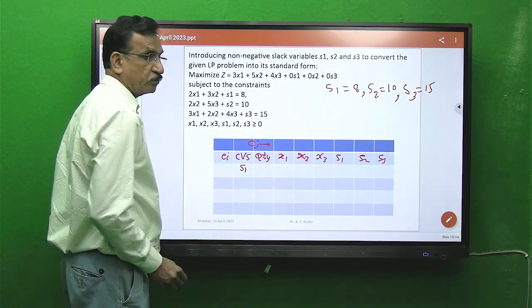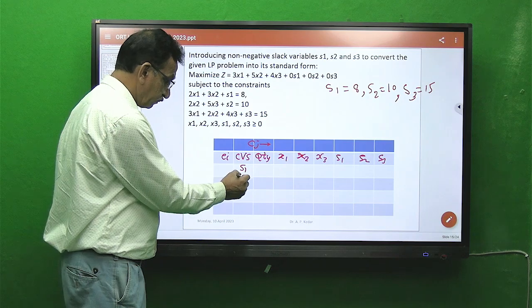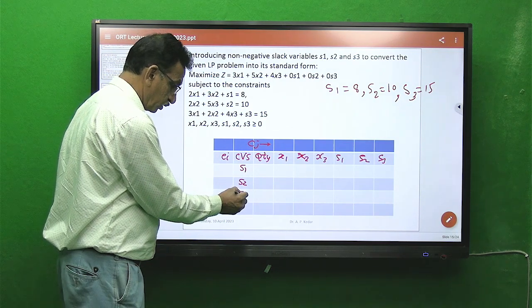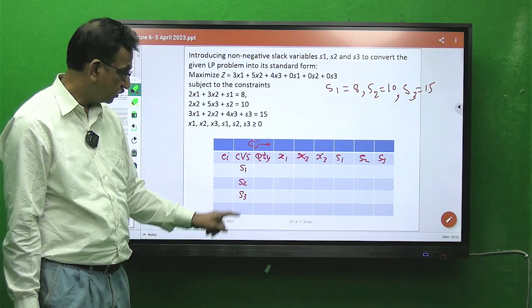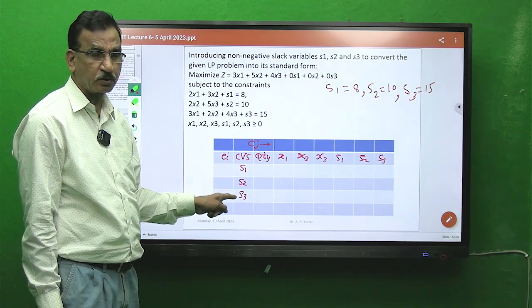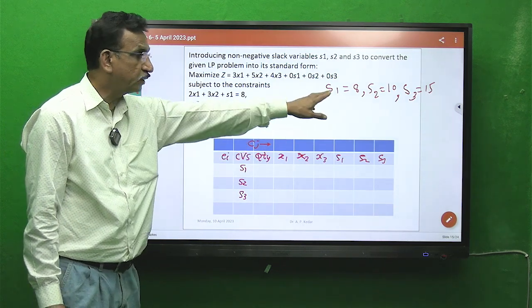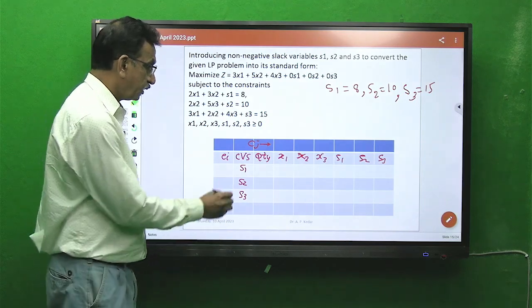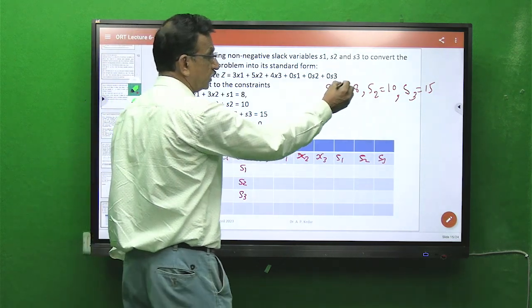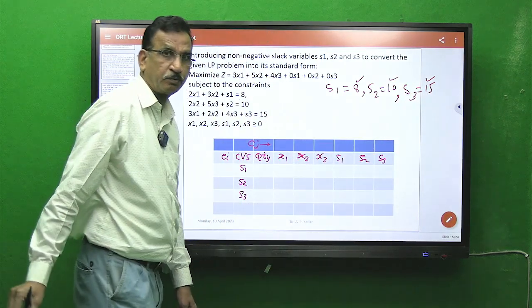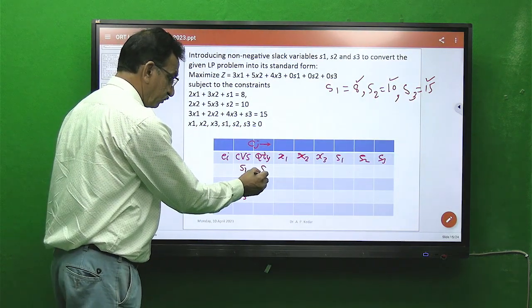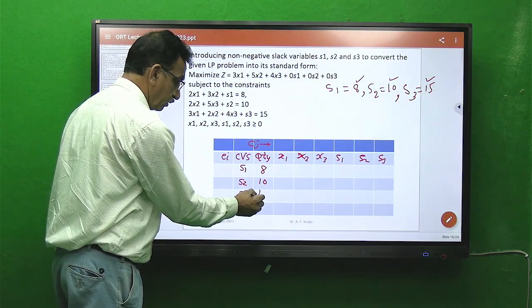So our first variable is S1, second is S2, third is S3. What you have to put under this basic or current variable in solution is the initial answer which you are getting. Here I am writing quantity, meaning this quantity 8, 10, 15 of the respective variable.